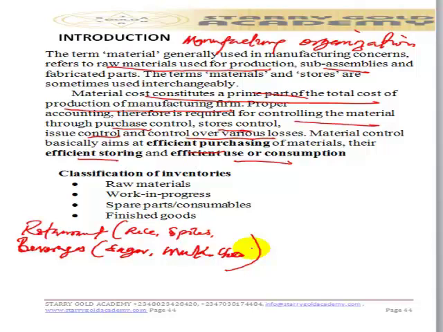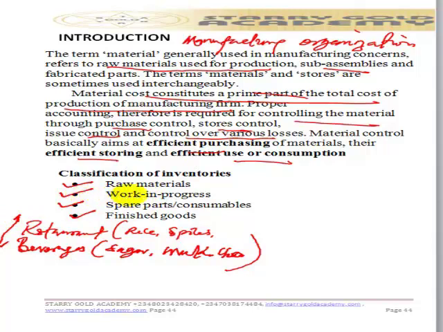Now, the classification of inventories: we can classify inventories as raw materials, work in progress, spare parts or consumables, and finished goods. Remember that raw materials are what all the organizations majorly will use for their production.